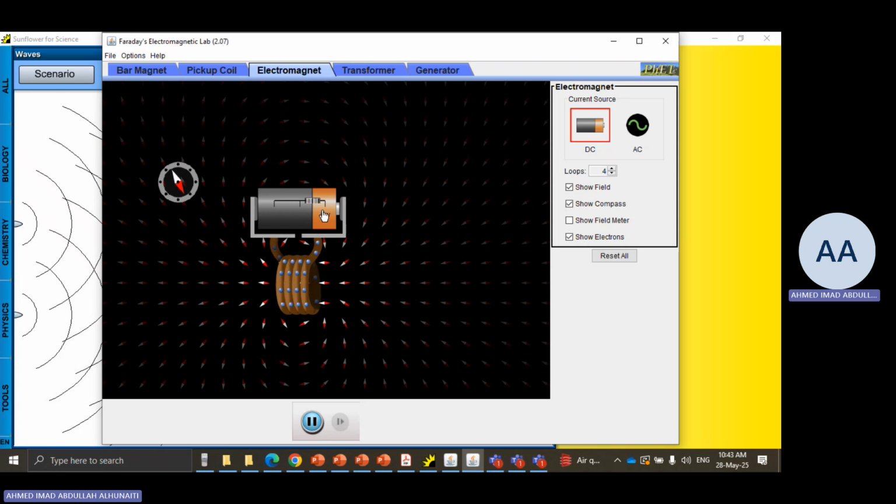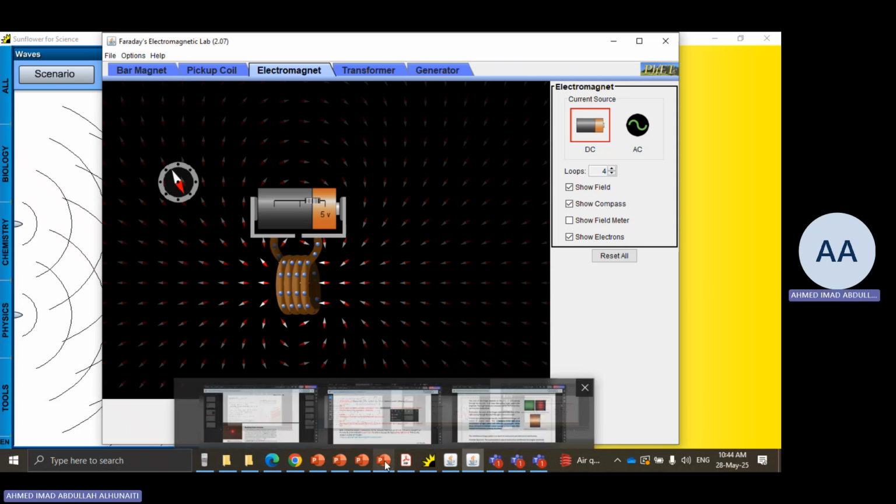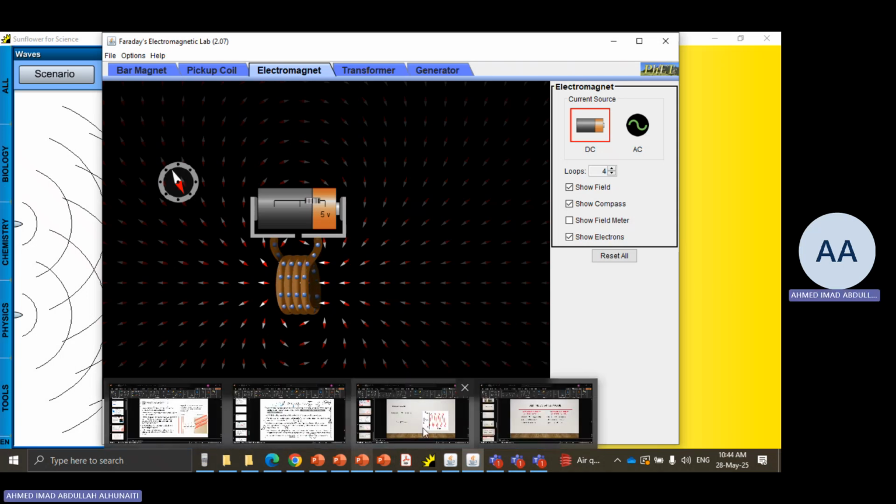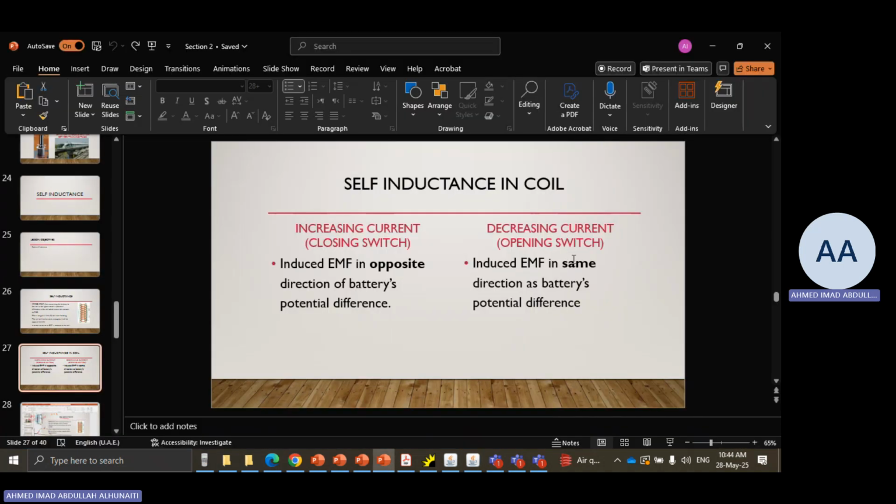We had a pre-existing magnetic field which is currently shrinking, so something will take place to oppose this change. It will try to reinforce whatever was creating the magnetic field in the first place, which was the battery. Therefore, the self-induced EMF will be in the same direction as the battery.